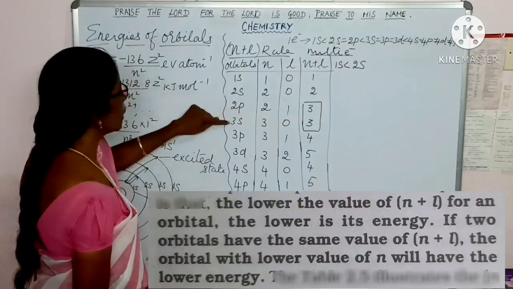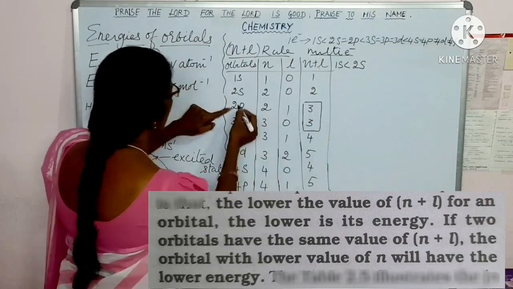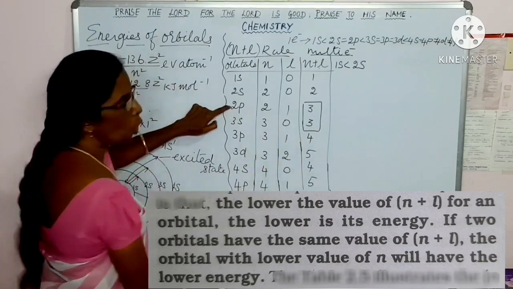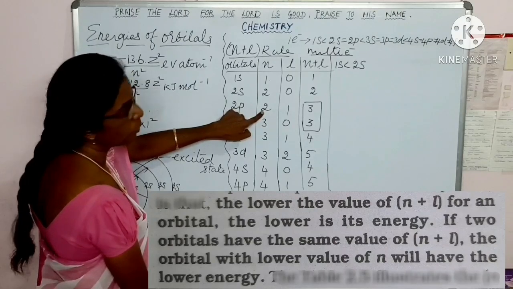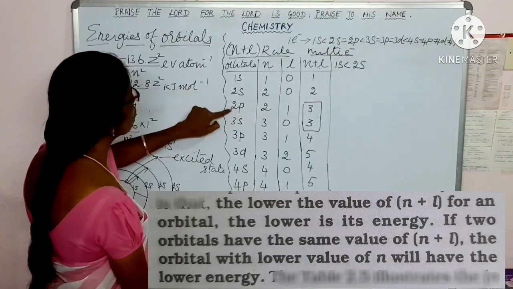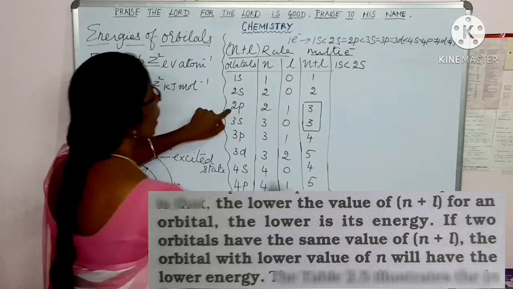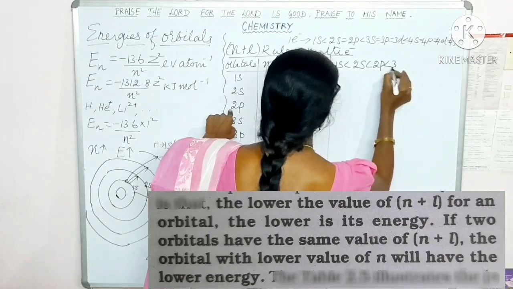So for 2p and 3s, the n plus L value is the same. When two orbitals get the same value, then the lower energy level will be the one with the lower n value. So in these two, which has the lowest n value? 2, 2p. So after 2s, you will get 2p. Then comes 3s.